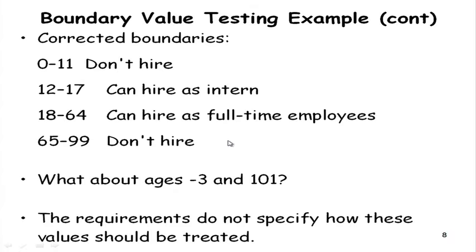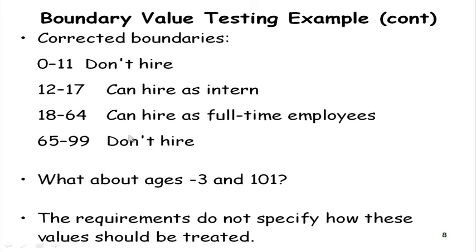What we should have done in the specification is 0 to 11 do not hire, 12 to 17 hire as intern, 18 to 64 hire as full time employee, and 65 to 99 do not hire.